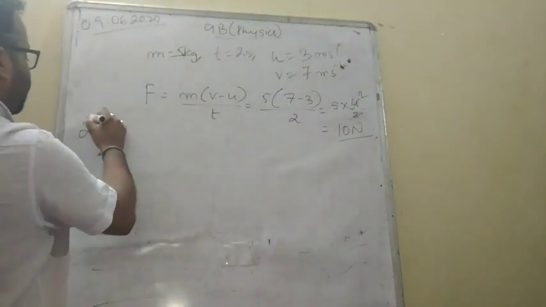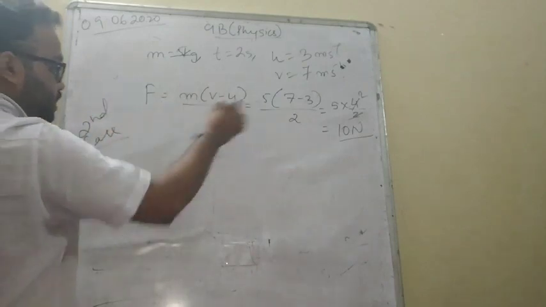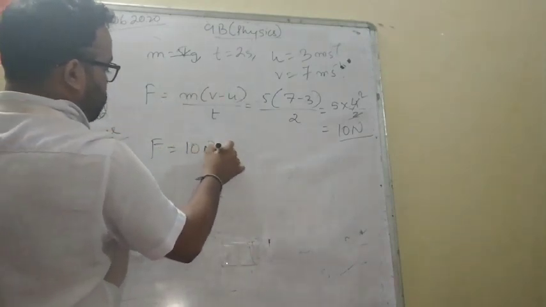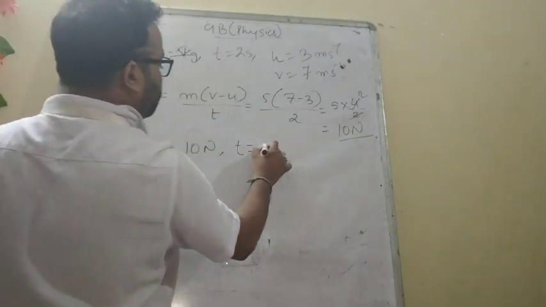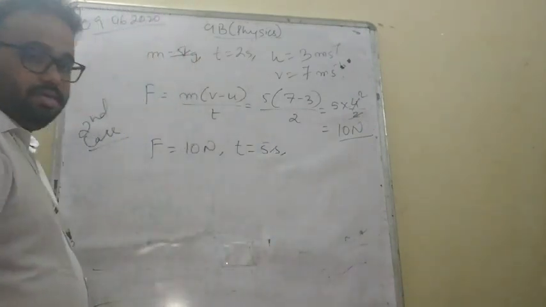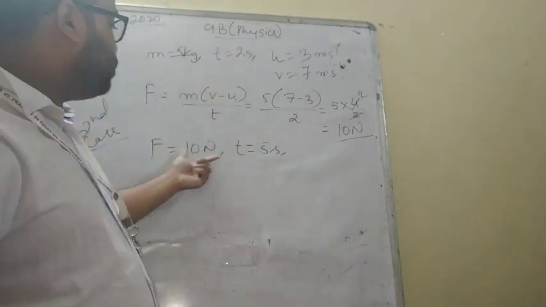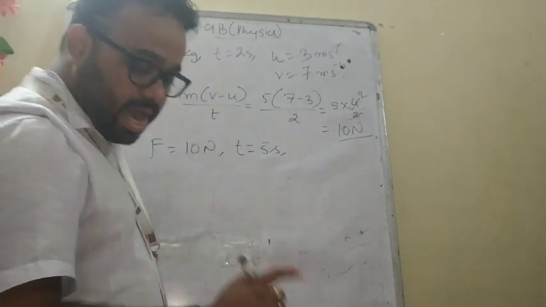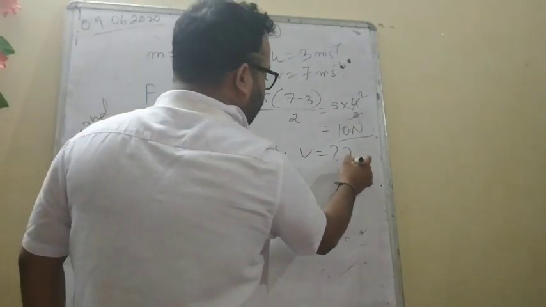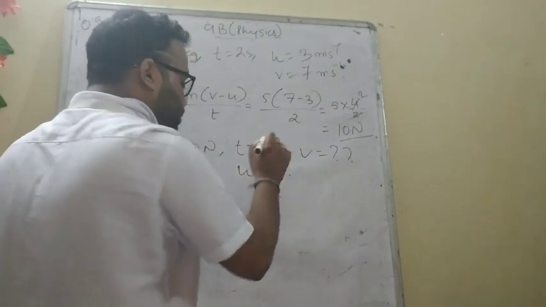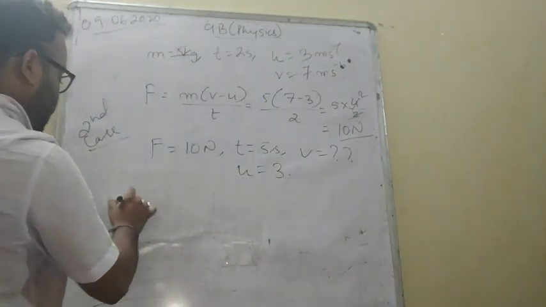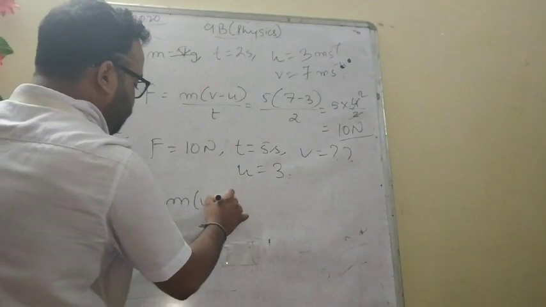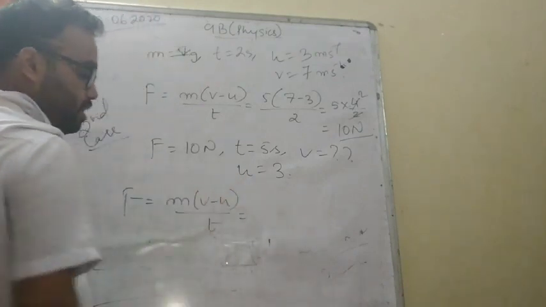Means in the second case, this force was applied for a duration of 5 seconds. So they are asking you the final velocity. Initial remains the same. So F is equal to m(v minus u) by t.